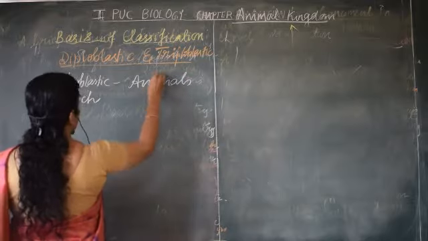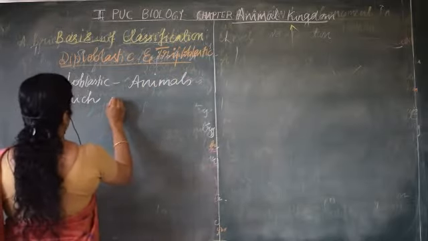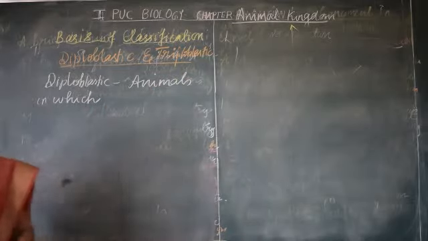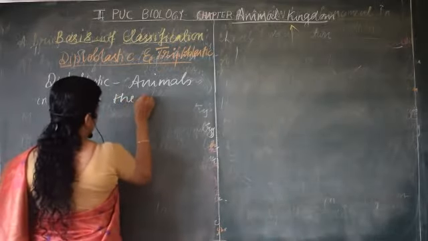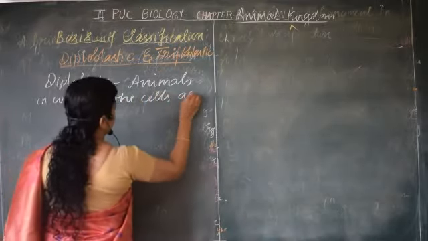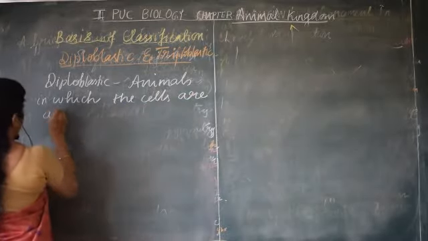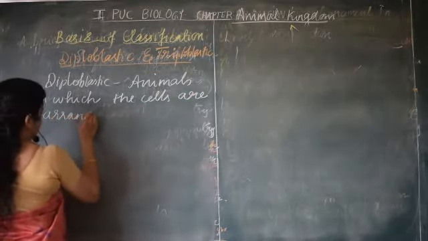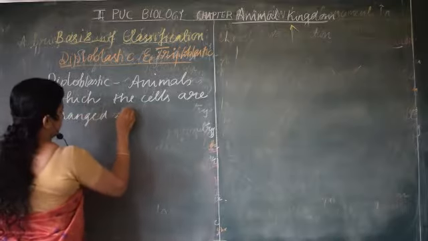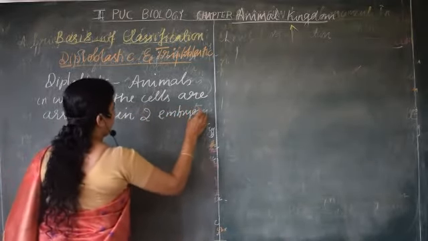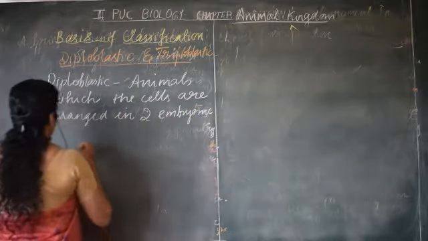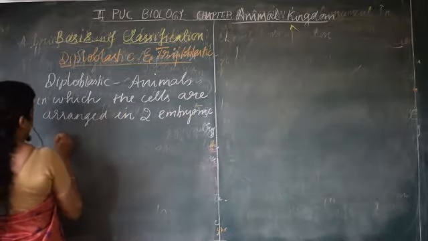So animals in which the cells are arranged in two embryonic layers. In the embryonic stage, two layers can be seen.